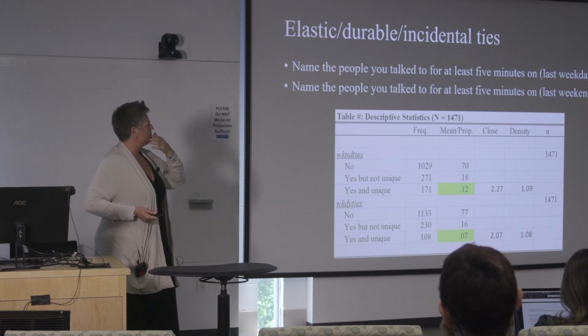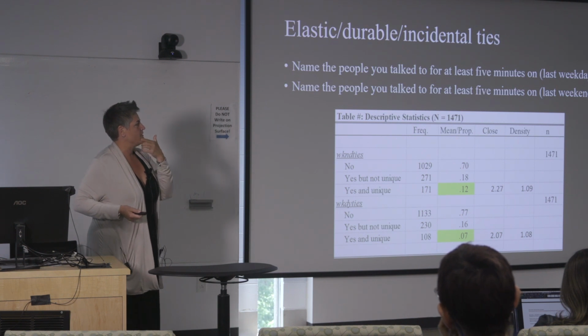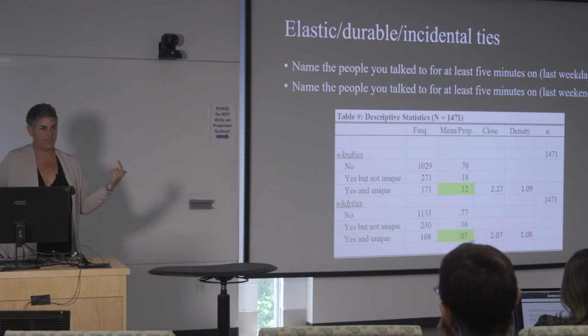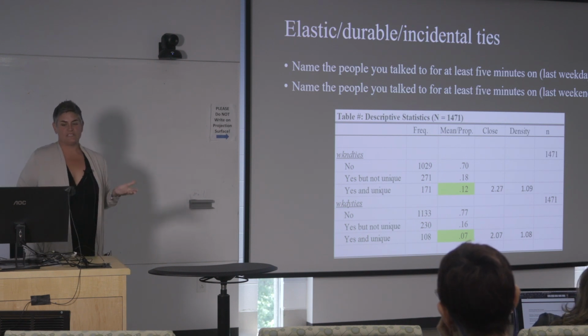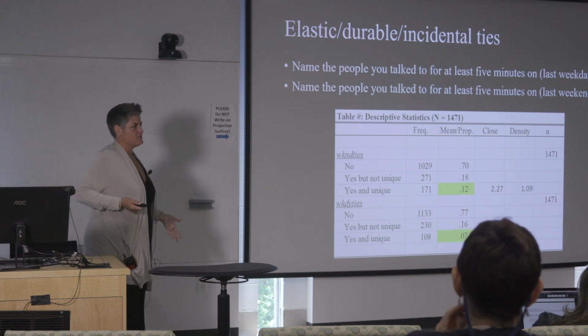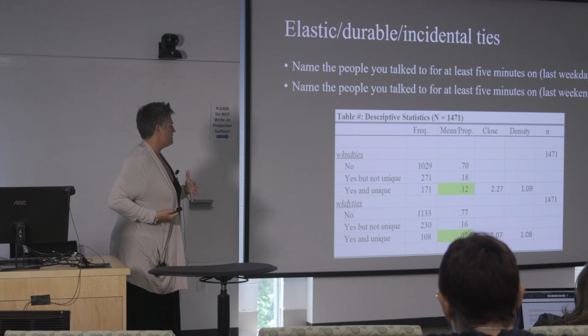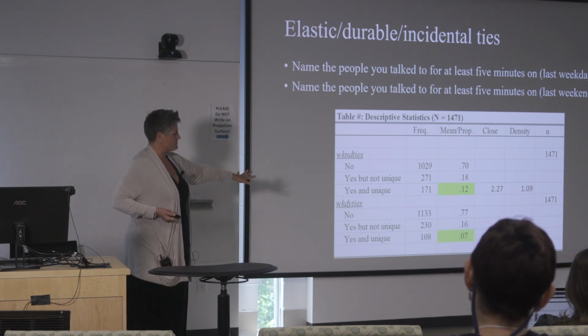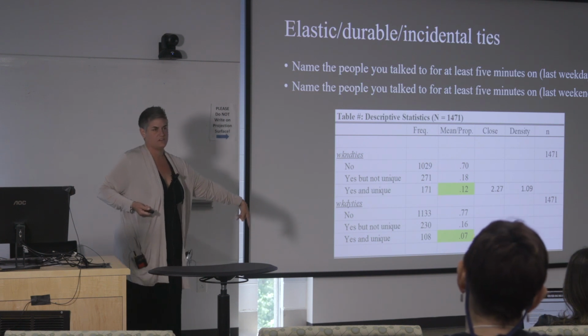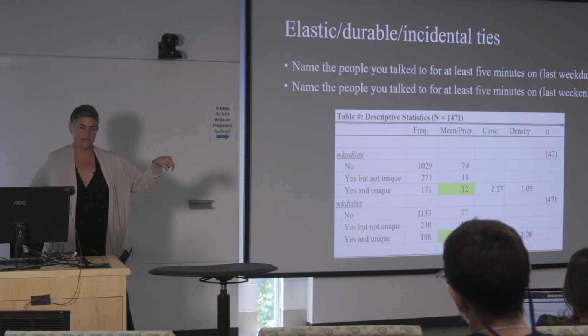And then the people you talked to for at least 5 minutes on the last weekend day, whatever that was. And then we looked to see how unique are these ties versus all the other name generators that we included. This is just the frequency here. These are essentially alters, right?